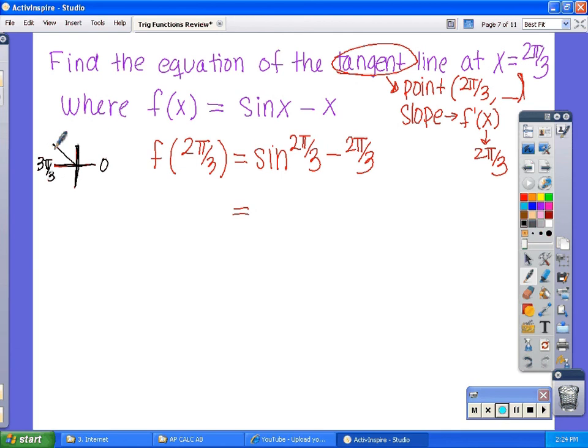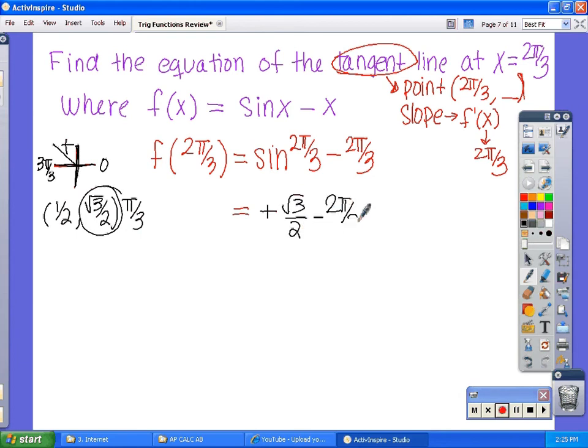And for 2 pi over 3, the point would be negative 1/2 comma root 3 over 2. For anything that is a pi over 3, sine is root 3 over 2. So positive root 3 over 2 minus 2 pi over 3. That is our horrendously ugly y value.